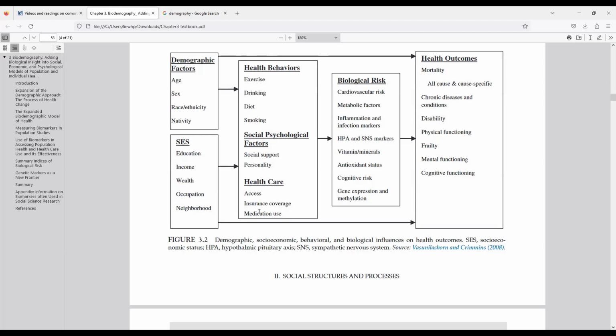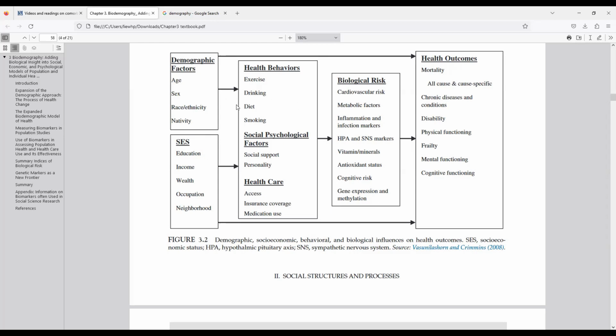So the techniques for data collection and the techniques of analysis also become more sophisticated over time. And because of that, people are able to add a biological dimension to existing demographic analysis.